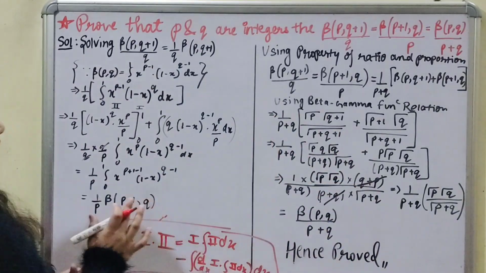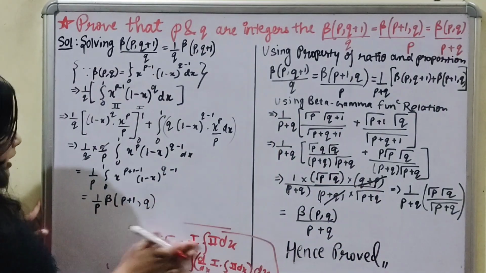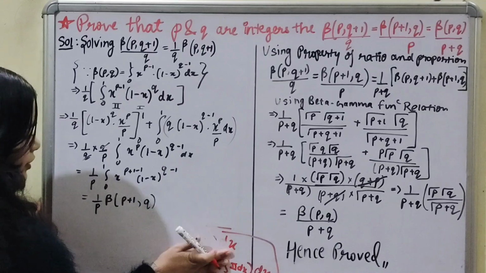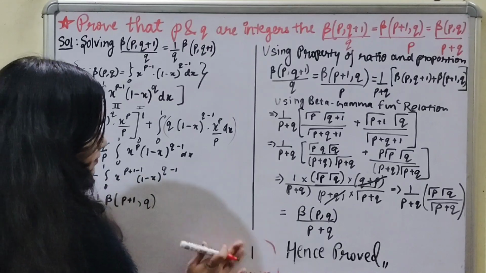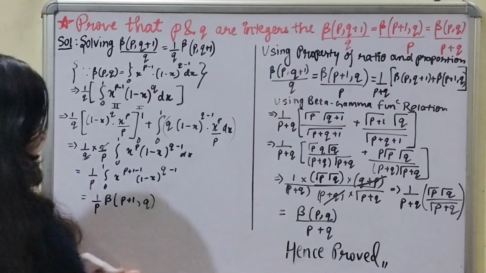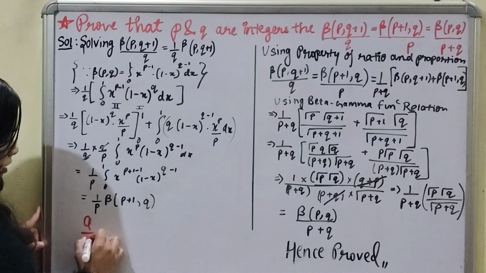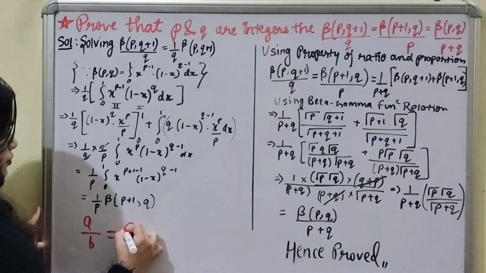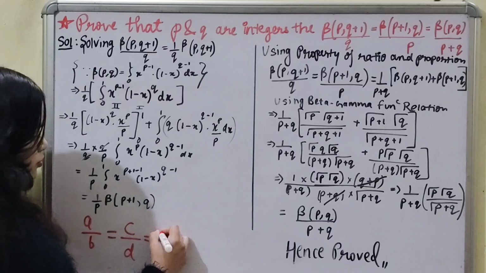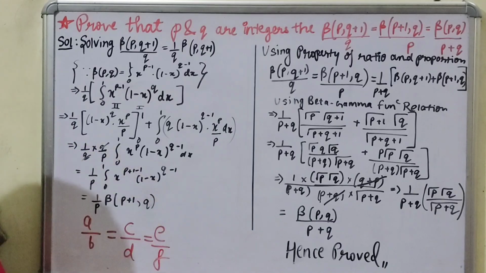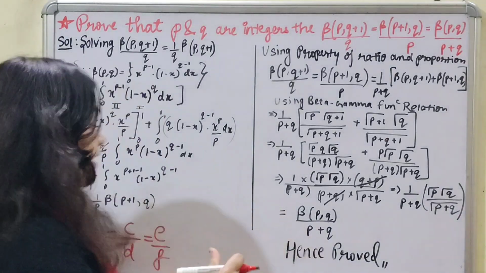For doing this you should know this relation. If A upon B equals C upon D equals E upon F, this is the ratio and proportion property.